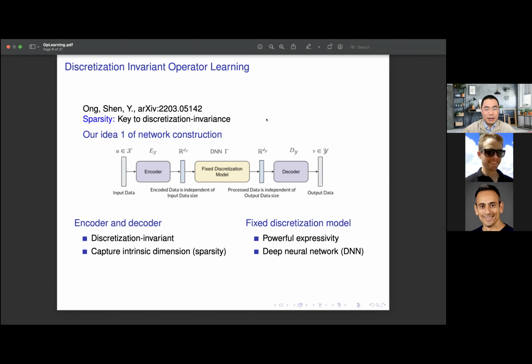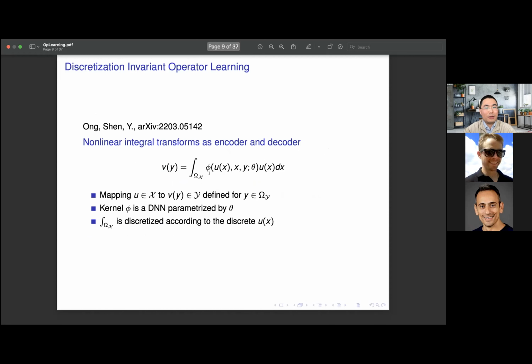So in the next slide, I will illustrate the main idea to get discretization invariance. And then I will briefly talk about why we believe that we can capture the intrinsic dimension of the problem. The idea to get discretization invariance is to use integral transformation. Why can integral transformation get discretization invariance?